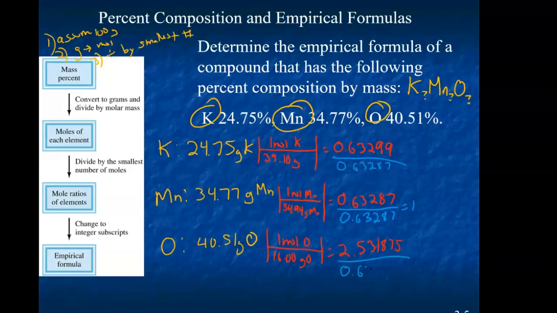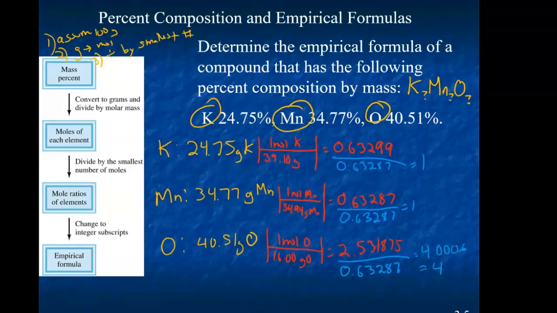This is the step, by the way, that everybody always forgets. So this equals almost exactly 1. And 2.531875 divided by 0.63287 equals 4.0006.